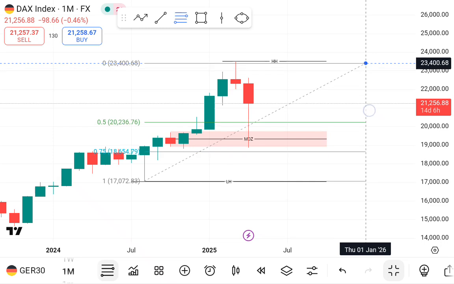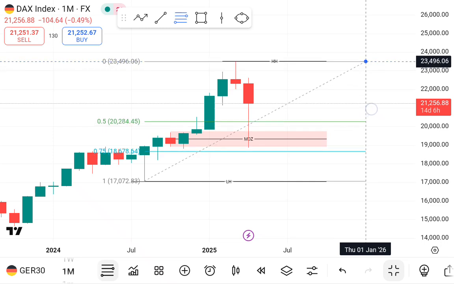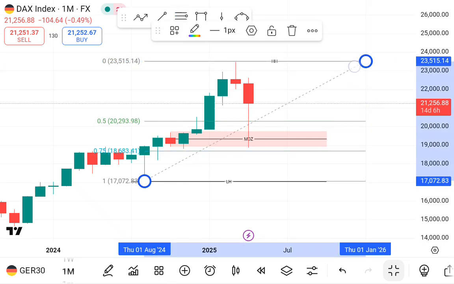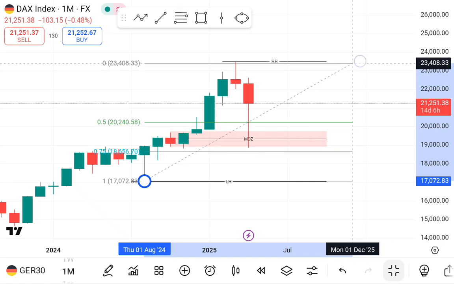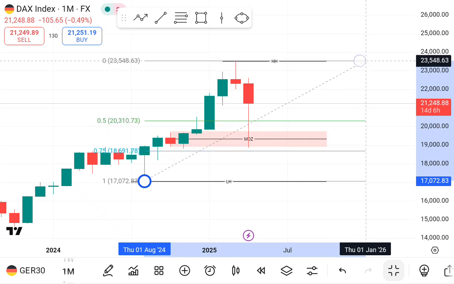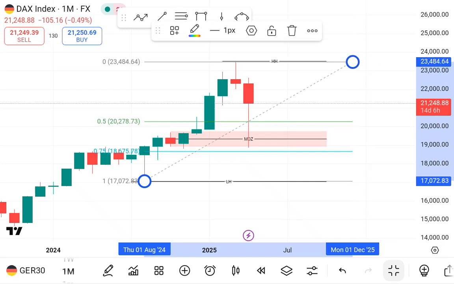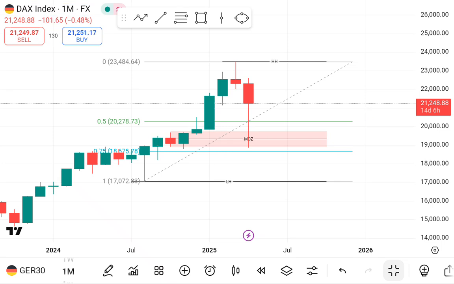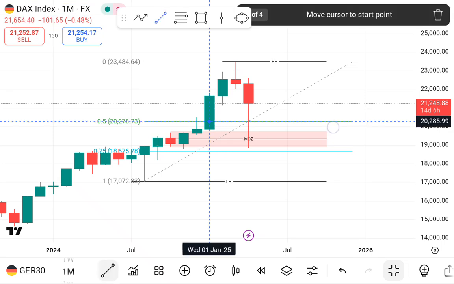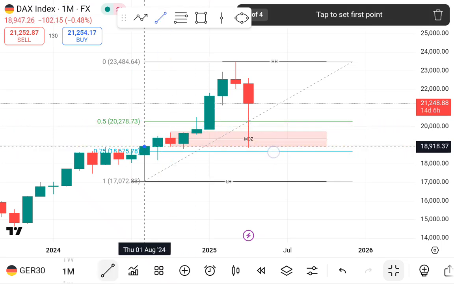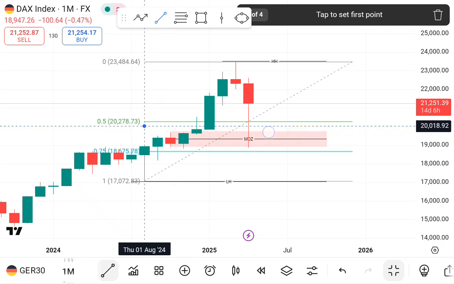So if you can see, when I mark this high, I'm going to mark it properly. I usually use the 50% and 75% of my Fibonacci levels.